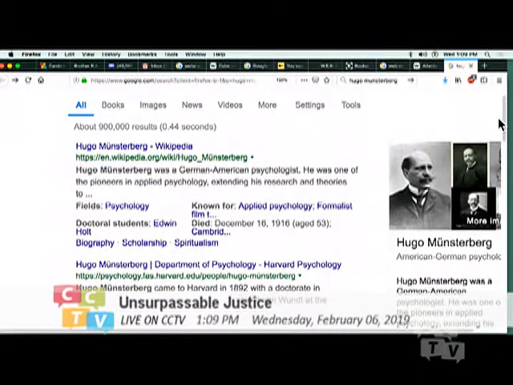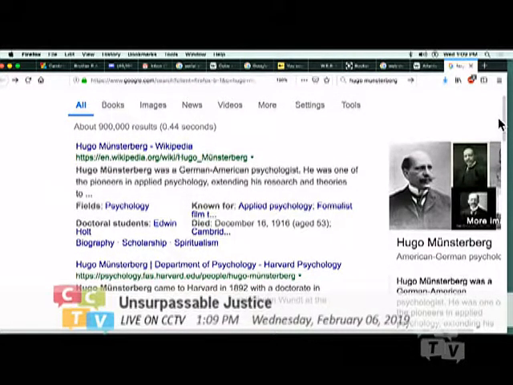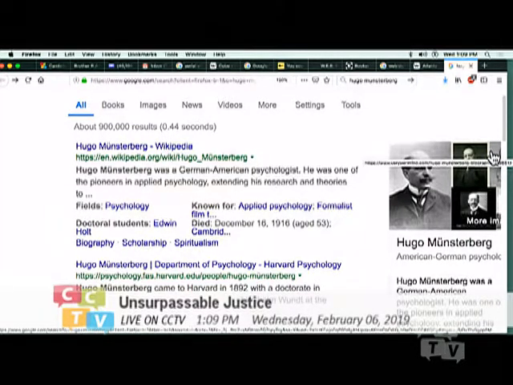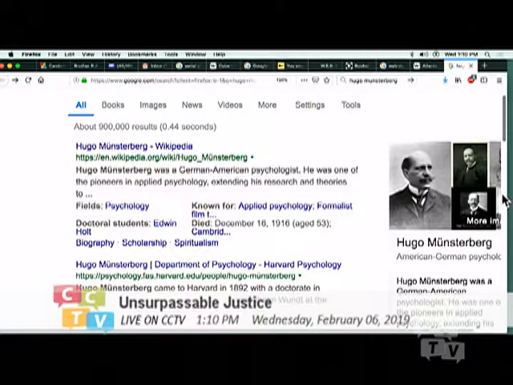Boom. What's this say? Hugo Munsterberg, Department of Psychology, Harvard. He came to Harvard in 1892 with a doctorate in psychology earned under the supervision of Wilhelm Wundt.